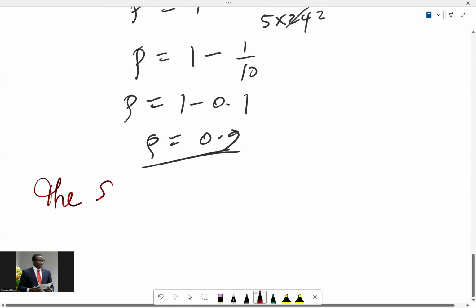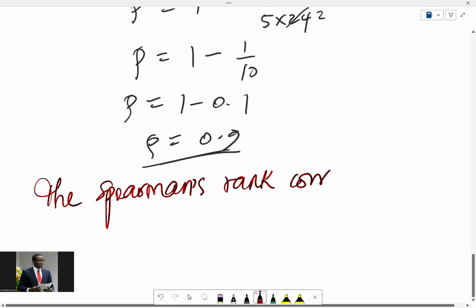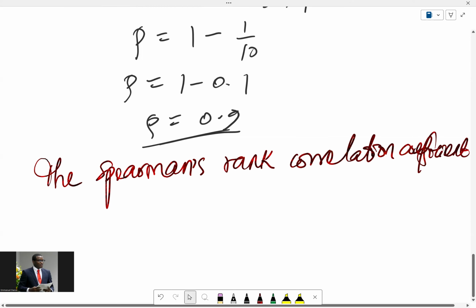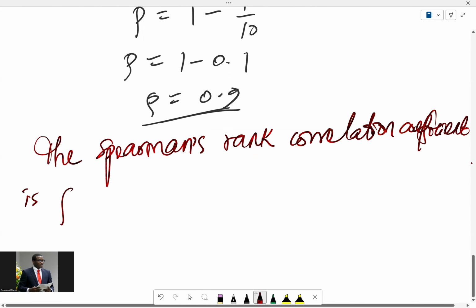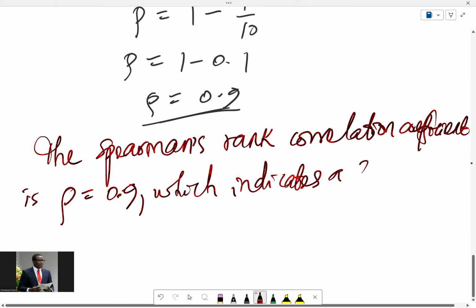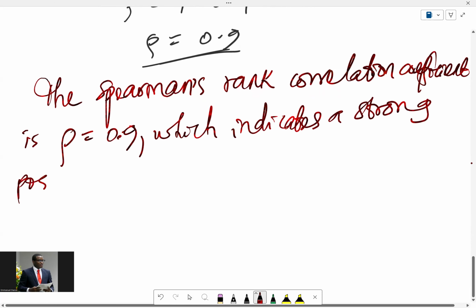The Spearman's rank correlation coefficient is rho equals 0.9, which indicates a strong positive correlation.